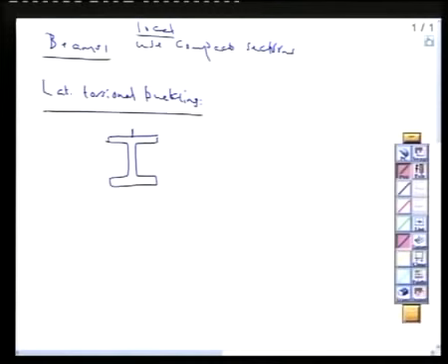In that case, Mn will be equal to Mp, where Mp is the plastic moment capacity, which is equal to Zx Fy. This is in case that L between braces is less than or equal to Lp. Now Lp, we have an equation that can be applied easily. It's 1.76 Ry square root of E over Fy.